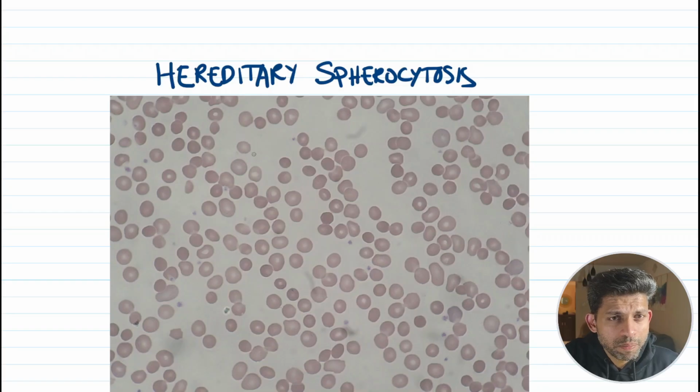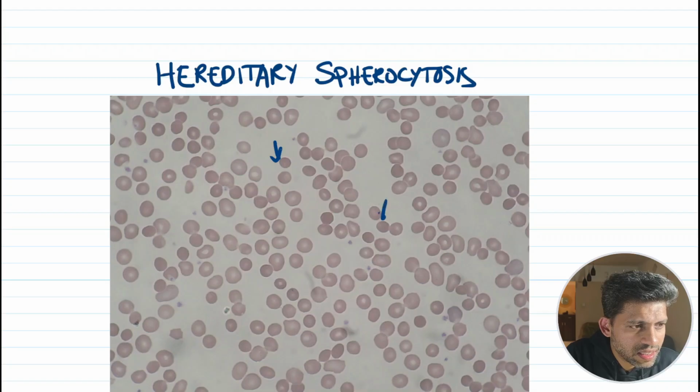Now, when you see the peripheral blood smear, you see spherocytes. These are smaller RBCs which seem denser because of lack of central pallor. This central pallor is lost in these spherocytes.